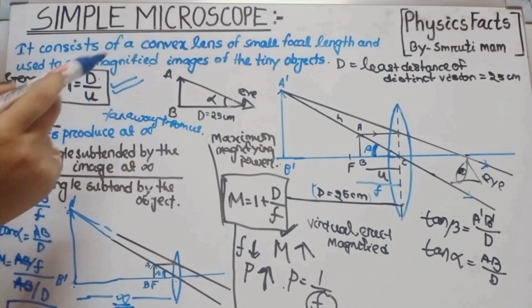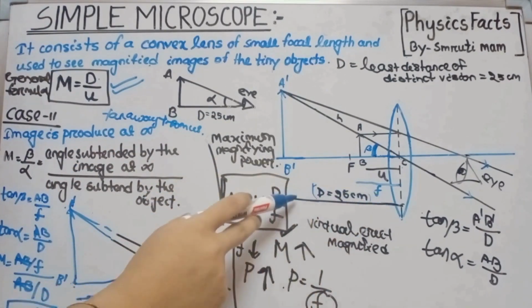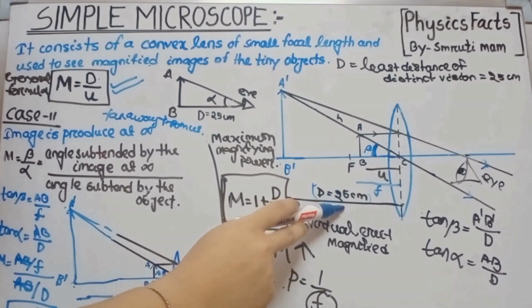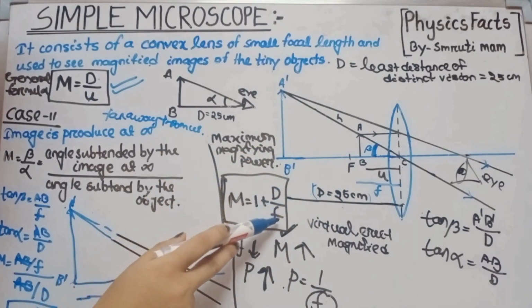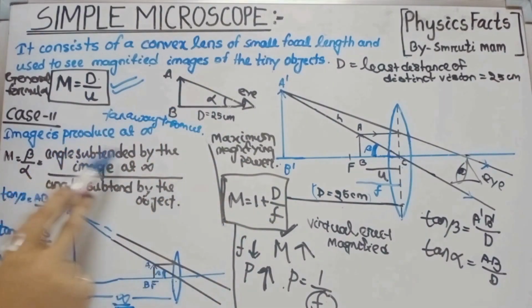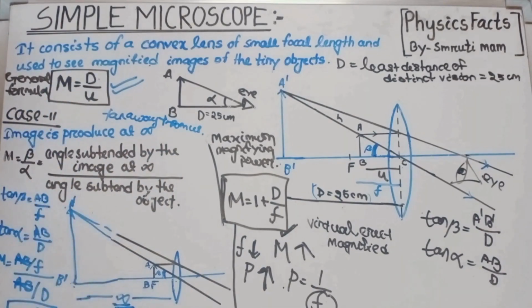If image is produced at least distance of distinct vision, that means image is produced at 25 centimeter, then magnifying power M equals 1 plus D by F. If image is produced at infinity or far away from us, then magnifying power M equals D by F, and this is the minimum magnifying power of a lens.